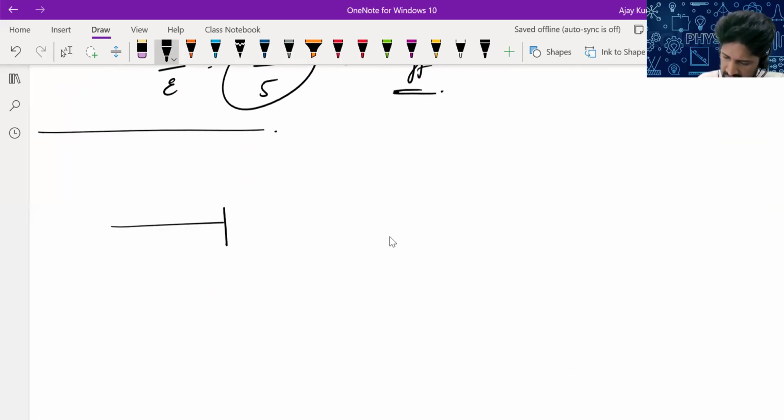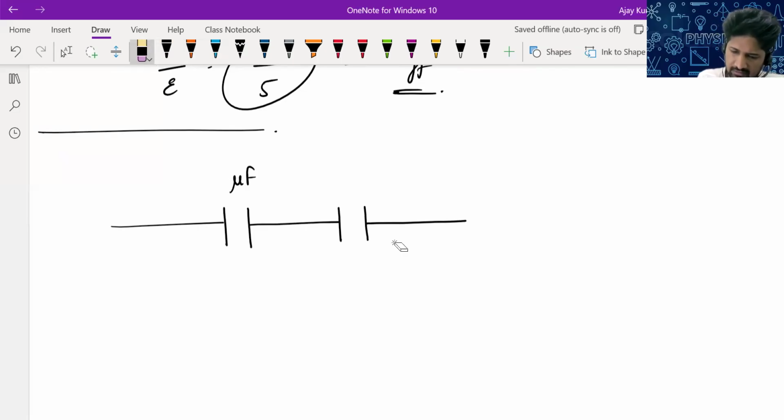Now consider this case, a simple case of capacitors connected one next to another. Let's assign capacitances also. Let's say this is 2 microfarad and this is 1. They're in series, no? And let's take it as 6 and 3. 6 microfarad, 3 microfarad.